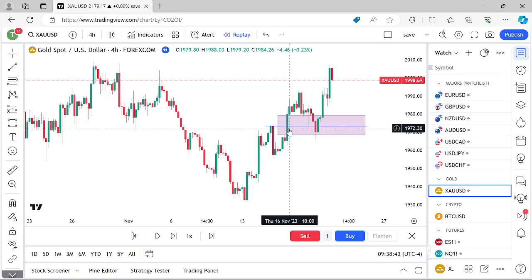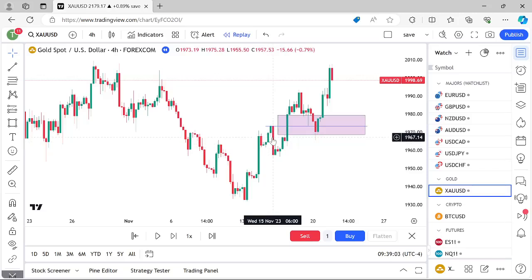So last down move before you had that surge up right here. Boom. It was the last down move that you had taking liquidity. You need to see it take out liquidity. If it's a bearish order block, of course you want to see it take out buy side. But in this case, it's a bullish order block, so you want to see it take out sell side right there.